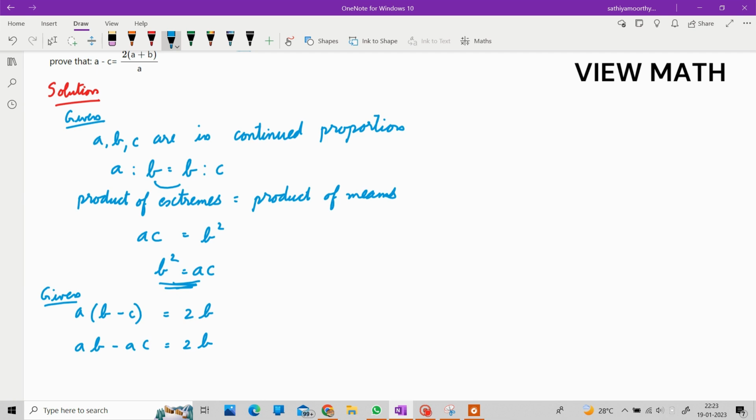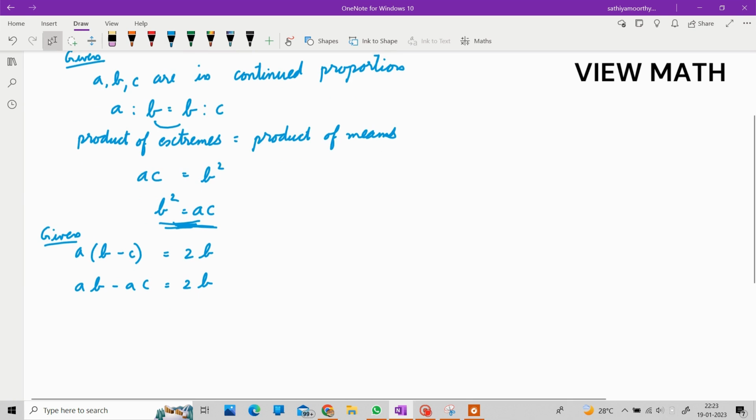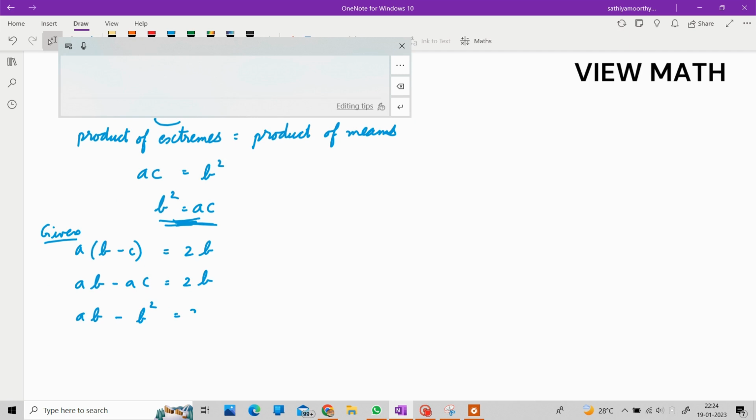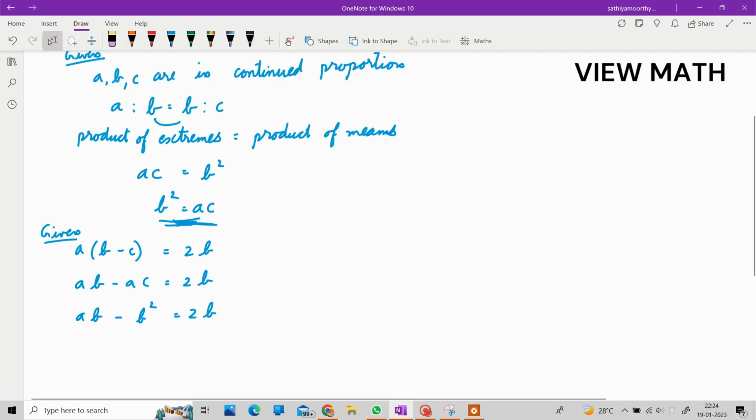We know that ac is equal to b², so let me substitute ac as b². I'll be getting ab − b² is equal to 2b. Now, here b is common, let me take it outside.